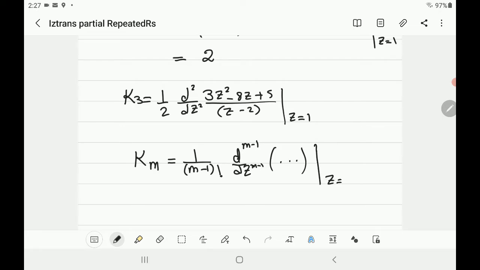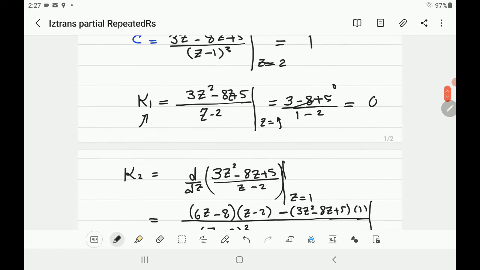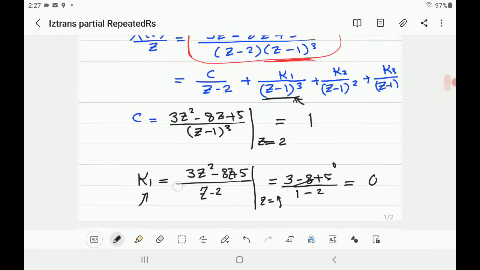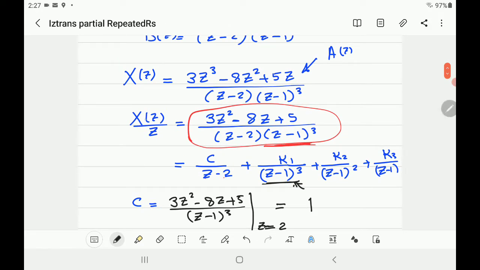At the root that is repeated, say r, for example. In this case, r is equal to 1. And what do you have here? Exactly as you did in k1. This is the whole expression, x of z over z, multiplied by this root factor.